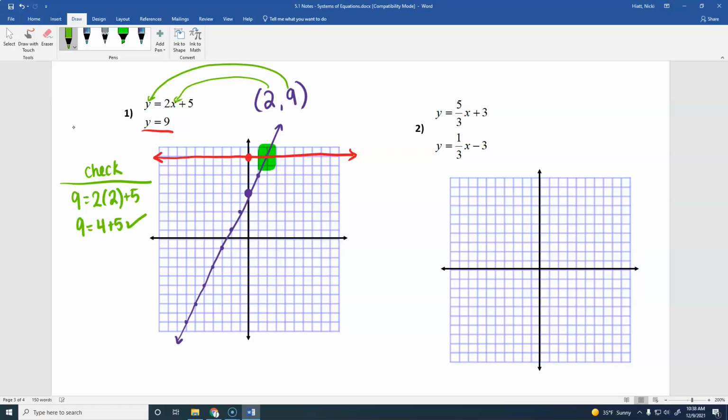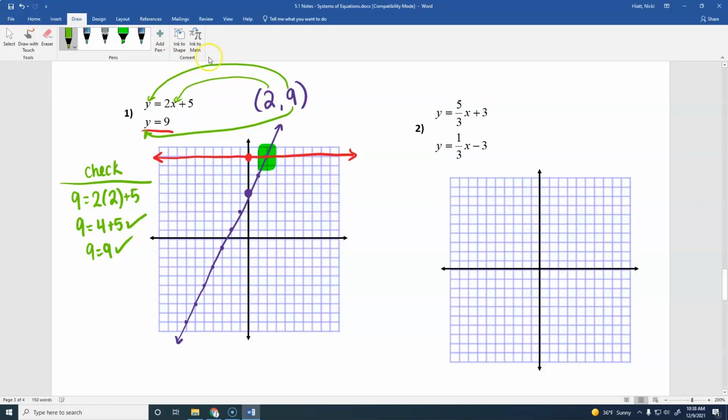That works. Here, I would only have the y to plug in, 9 equals 9. That also works. So it works in both equations. So that guess and check we were using at the beginning, you can use that to check once you have an answer. Might be especially helpful if you're a little unsure of your answer. There. Okay, questions?